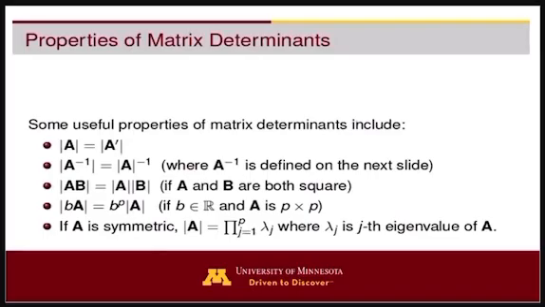If I have a matrix A and I have the transpose of that matrix, if I find the determinant of A and the determinant of the transpose, they will be the same. Does that make sense? If I find the inverse of a matrix A and I find the determinant, it is the same as what you are seeing here.